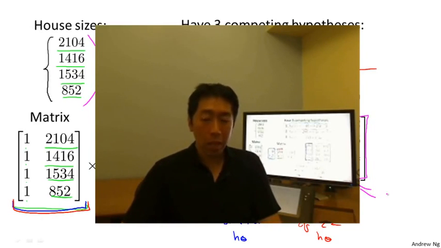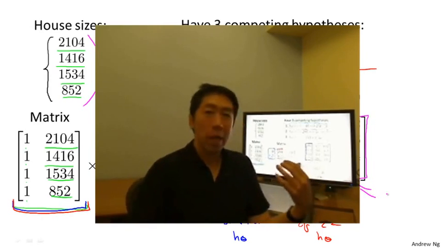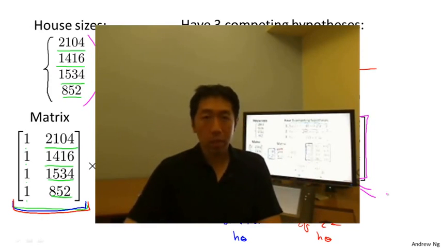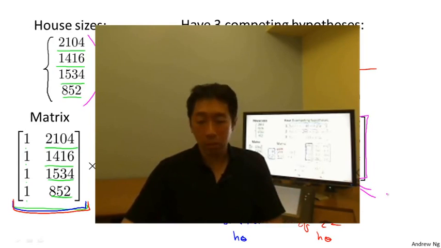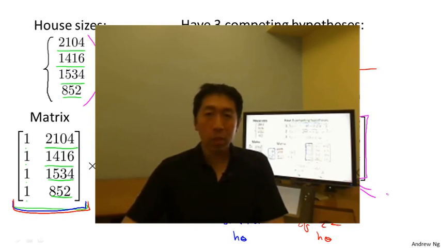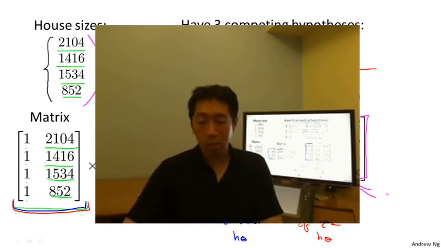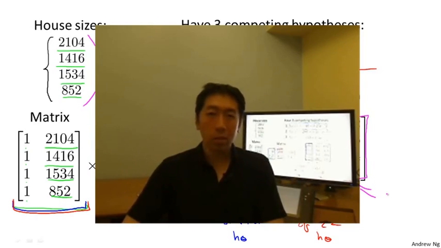And there'll be good linear algebra libraries that are highly optimized in order to do that matrix-matrix multiplication very efficiently, including taking advantage of any sort of parallel computation that your computer may be capable of, whether your computer has multiple cores, or multiple processors, or within a processor, sometimes there's parallelism as well, called SIMD parallelism, that your computer can take care of. And there are very good free libraries that you can use to do this matrix-matrix multiplication very efficiently, so that you can very efficiently make lots of predictions of lots of hypotheses.